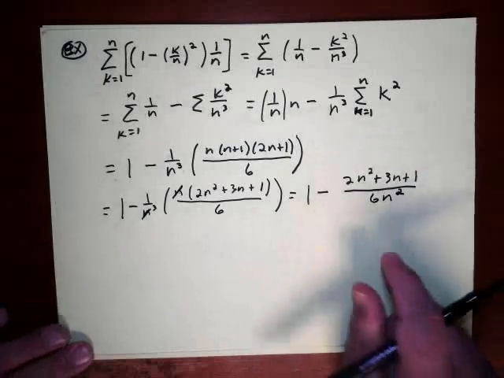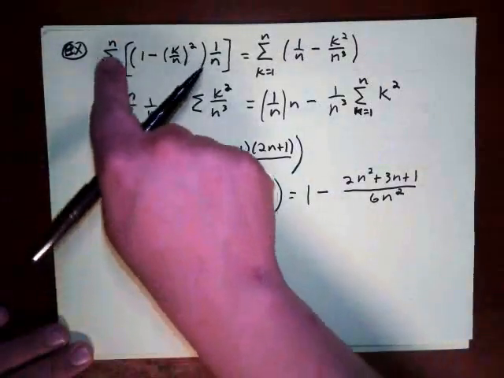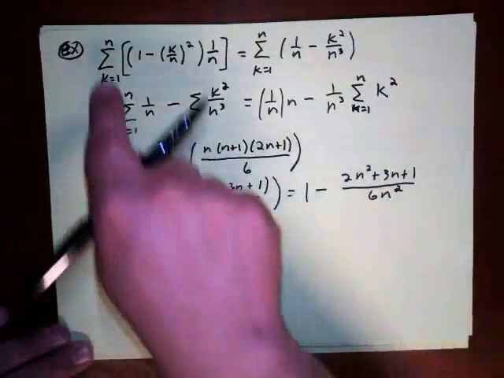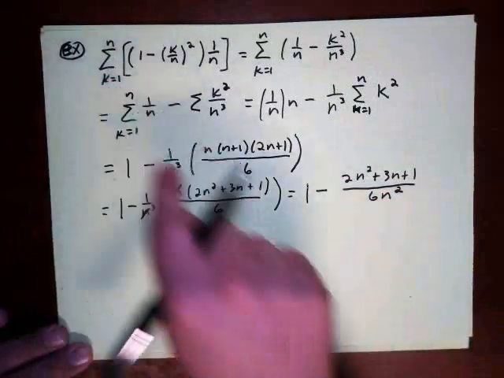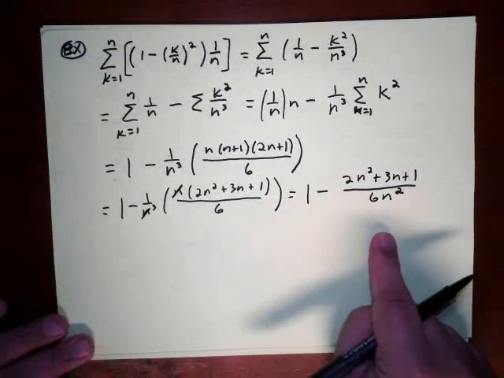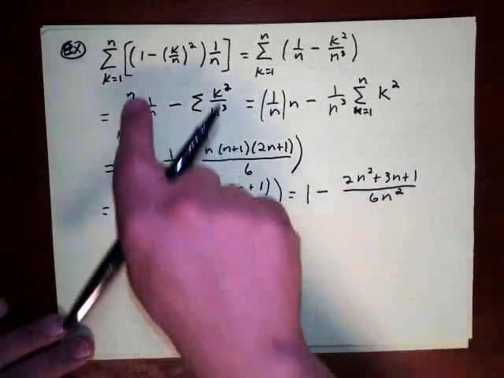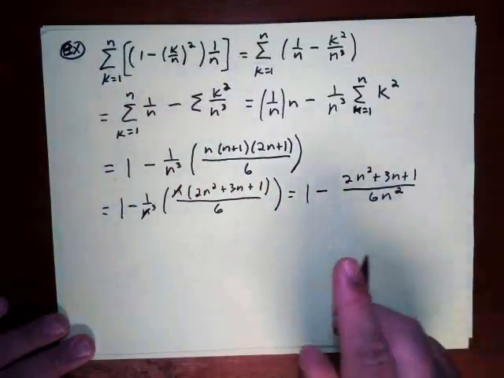Okay? And then if I wanted n to be 10, I could plug 10 in here. If I wanted it to be 100, I could plug 100 in there. If I wanted it to be 1,000, I could plug in 1,000 or 1,000,000. And basically I could let n go to infinity.